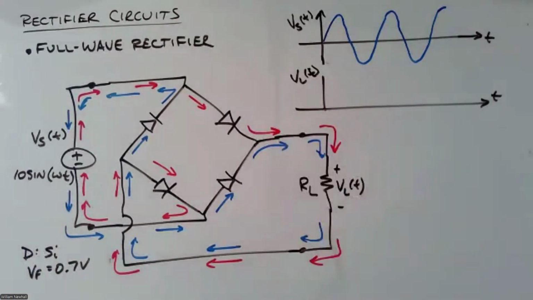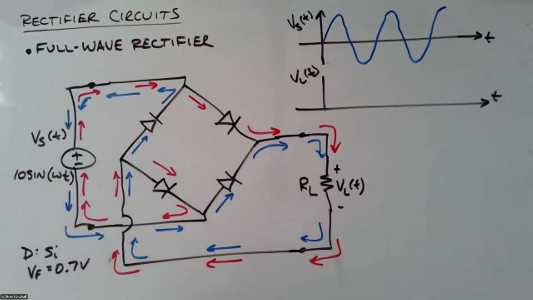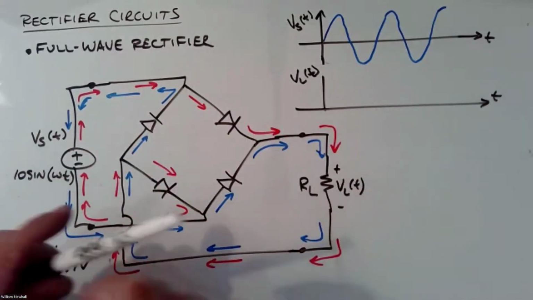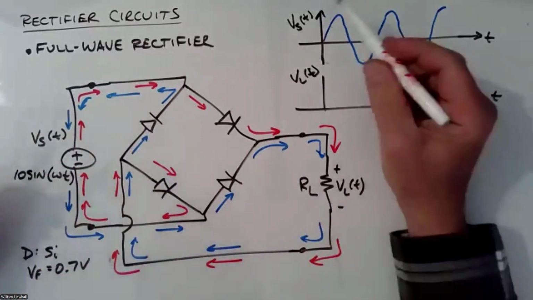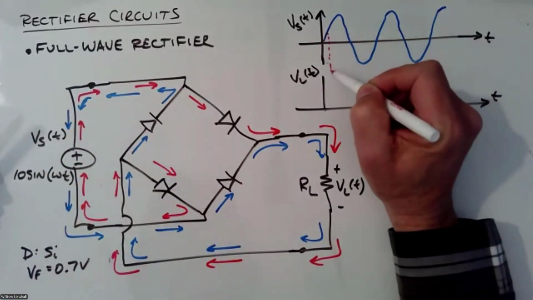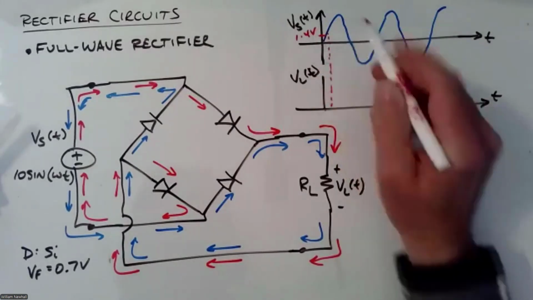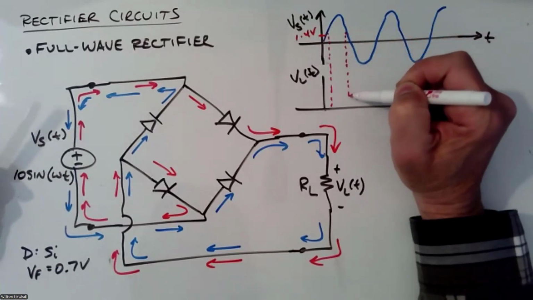I had to cross two diodes, so that means I have 1.4 volts of drop between the source and the load. If you run the KVL, you'll see that I have to overcome 1.4 volts here. So this is 1.4. And this is also 1.4 here.